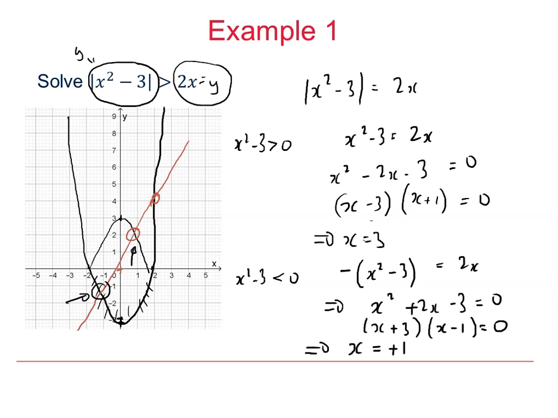So in other words, it's everything below the solution here at 1, so everything from there downwards, and then everything from the other solution at 3 upwards. So we have that x is less than 1 or x is greater than 3.